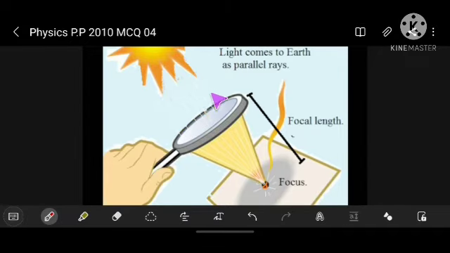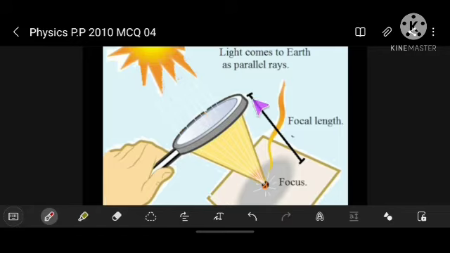Because the rays of the sun, which have been spread over quite a large area, have now been brought to a focus at one point. Not only has the light been concentrated, but the heat from the sun has also been concentrated as well. That's why it gets very hot, and that's why it starts to burn.